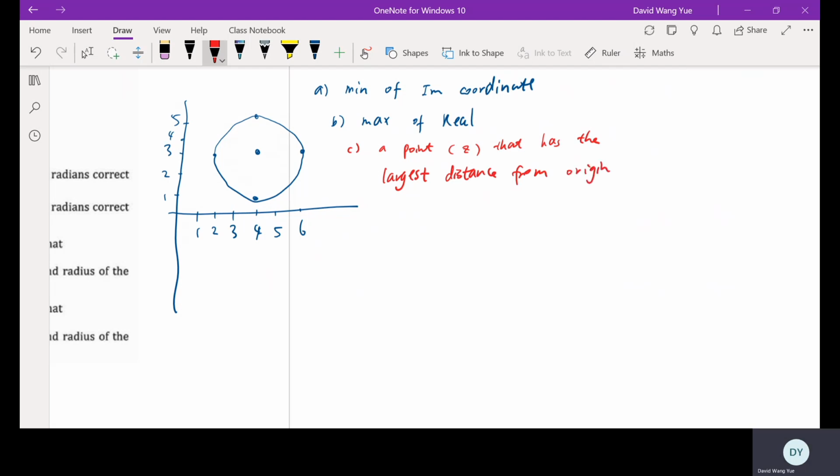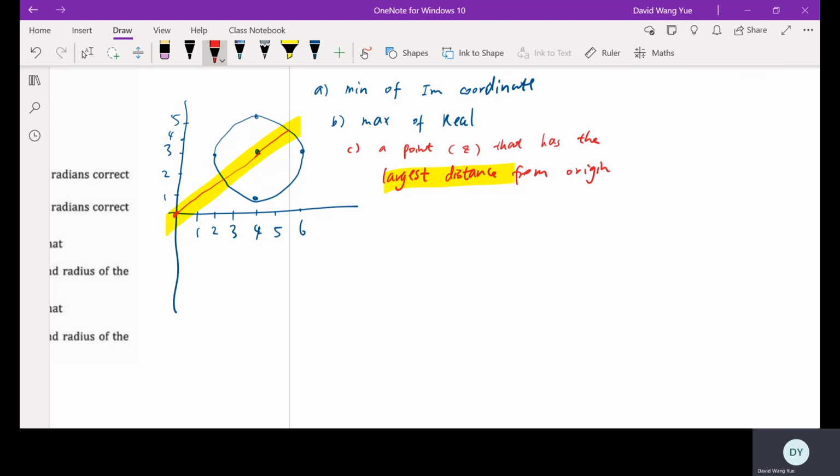Now, as we can tell, if there exists such a point, it must start from the origin, passing the center. Okay, so that is the one with the largest distance.